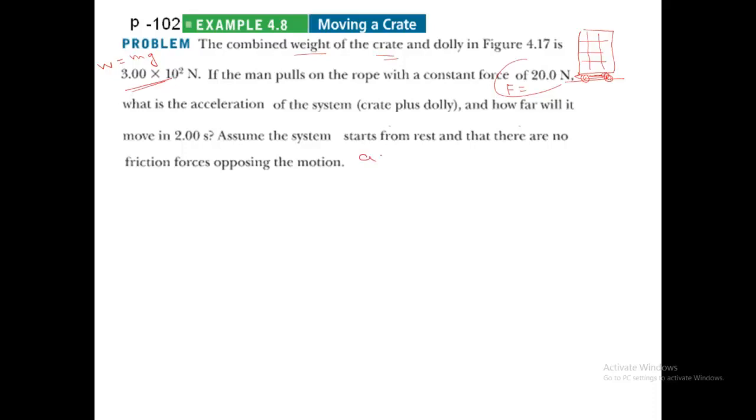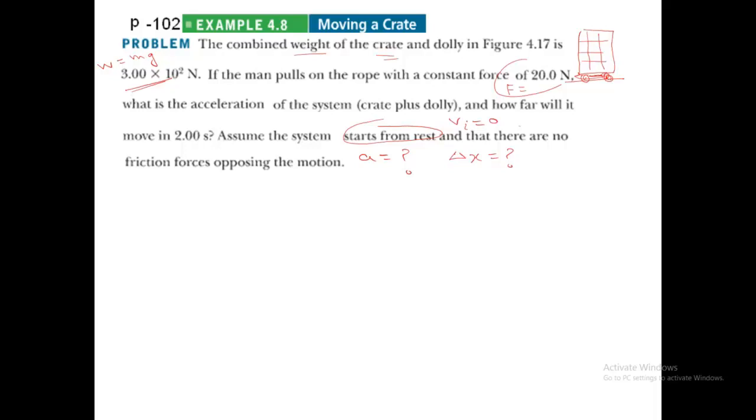You have to find the acceleration of the system, crate plus the dolly, and how far will it go, that is delta x, how far will it travel. Assume the system starts from rest, meaning the initial velocity is equal to 0.